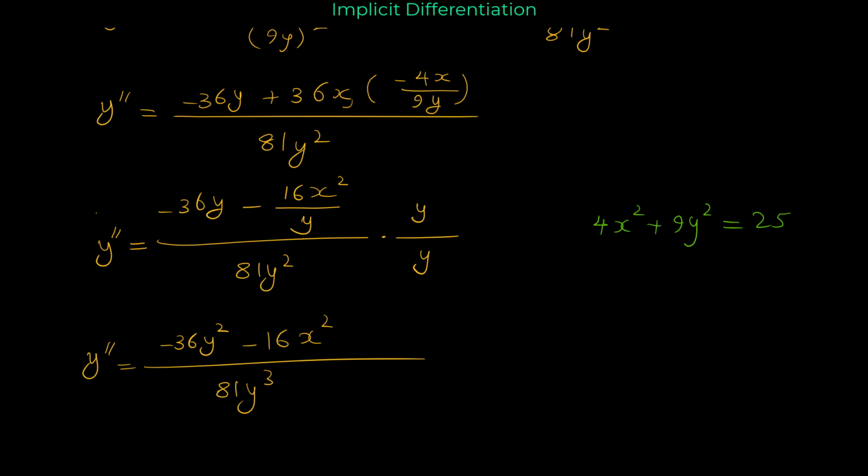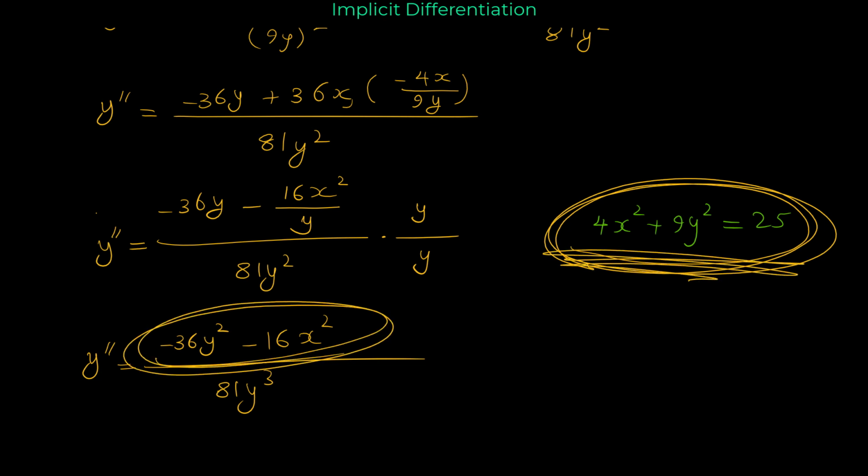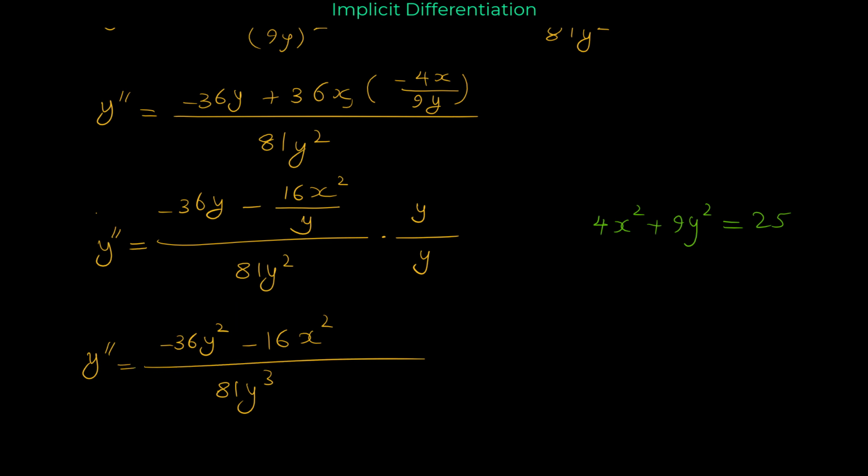I want to use this relation between x and y for simplifying this numerator. And again, I should mention that all of this simplification that I am doing here is not really necessary, but it's good to learn these types of simplifications.